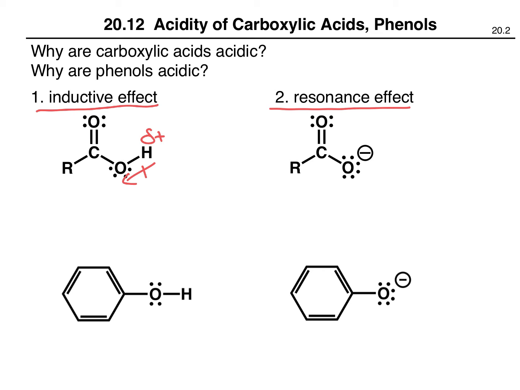So this is weakening the OH bond and leaving the hydrogen with a significant partial plus, which makes it attractive to a base. Remember, a base is an electron donor. It donates electrons to the H+, or a way that we can think of it is that the base is going to grab the H+.